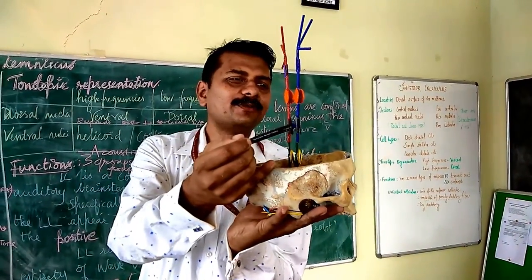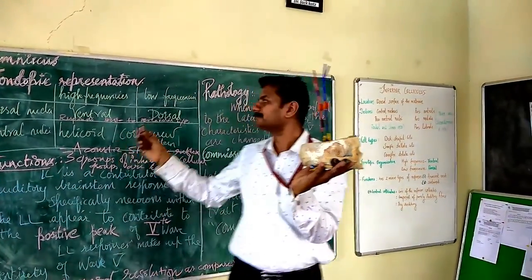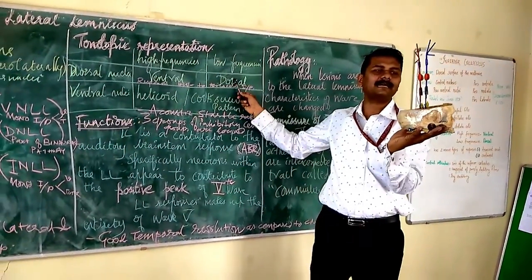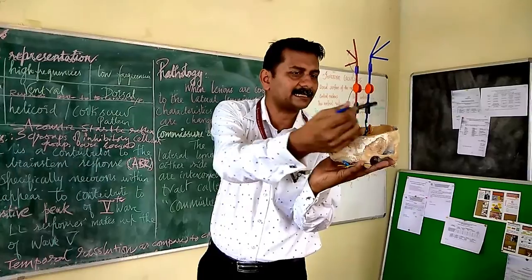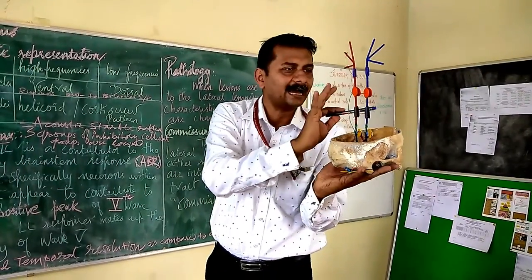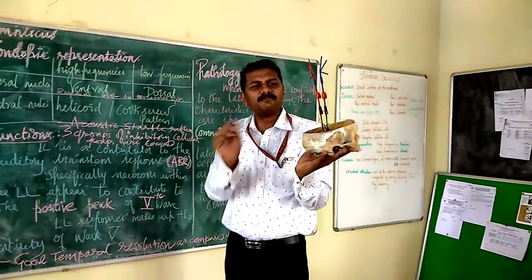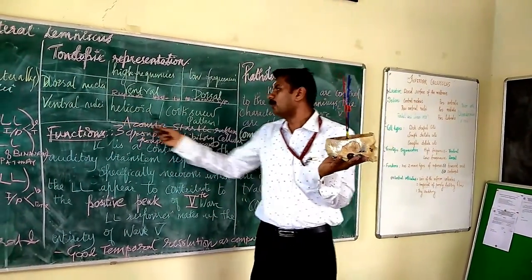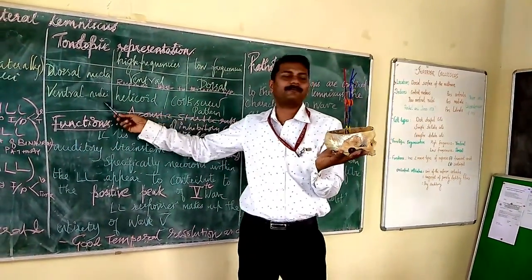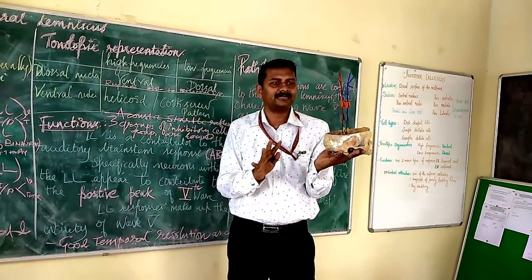The dorsal section would be having which representation? Low frequency representation. That means this part would be having low frequency representation and the ventral part would be having high frequency representation. Furthermore, it doesn't have very good tonotopic organization because of the corkscrew or helicoid pattern which is there in the ventral nuclei.